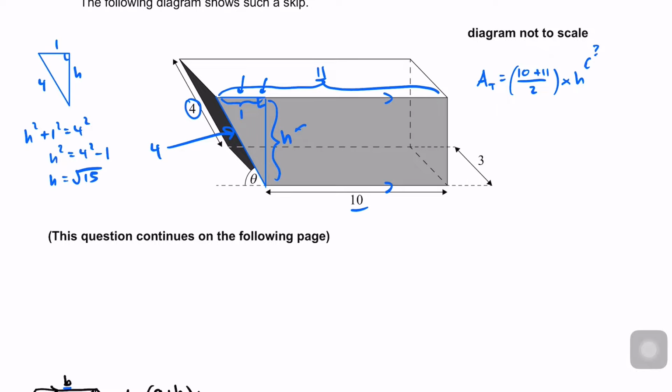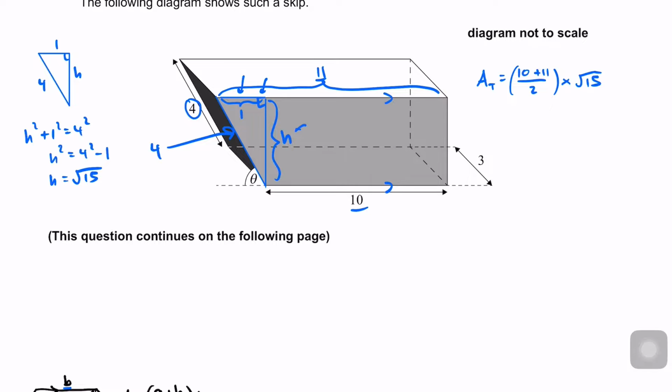So that's our height. The height is equal to root 15. Okay, so that would be the area of this face right here.